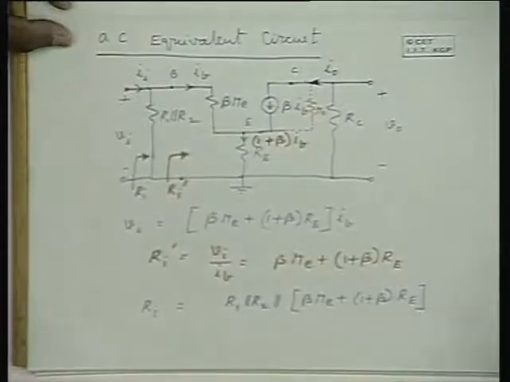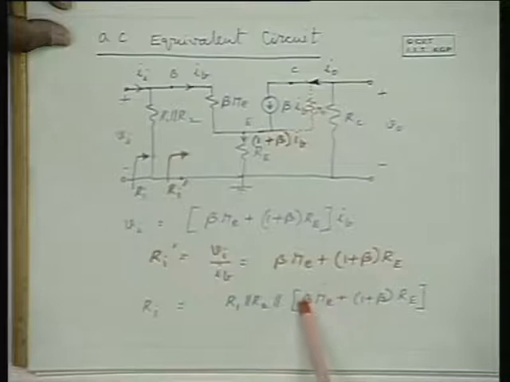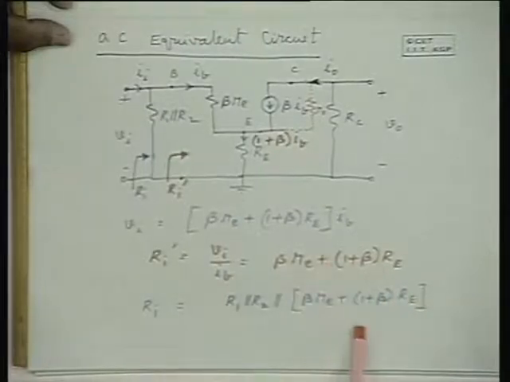When you replace RE by 0, you will get the input impedance as R1 in parallel with R2 in parallel with beta re itself, and this part is 0. And now what's happening to Ri? Ri is now considerably reduced. Please note that this is of the order of 1 kilo ohm, and if RE is 1K, and beta is 100, this is 100 kilo ohms, 100 plus 1, it's going to be 101.